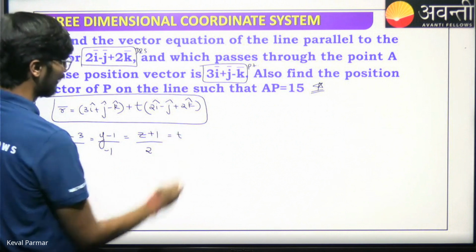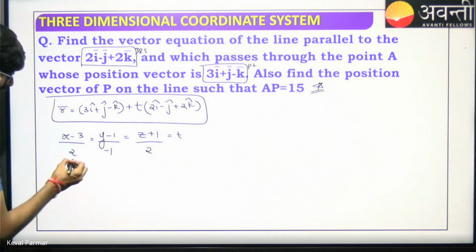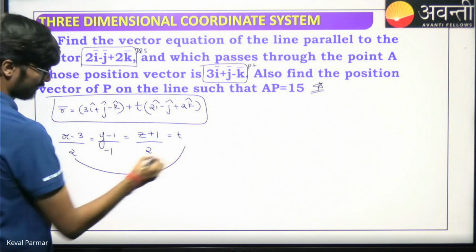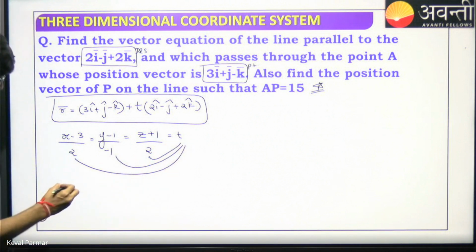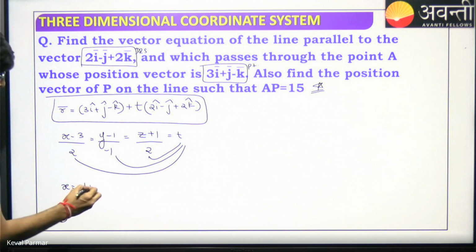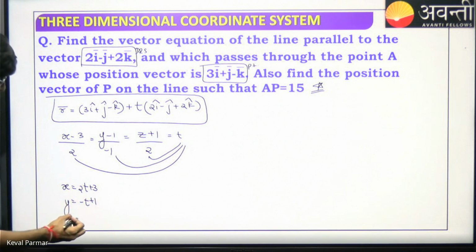This is equal to t, right? So if I equate this with t, this with t, and this with t, I'll get x coordinate 2t plus 3, y coordinate minus t plus 1, and z coordinate 2t minus 1.